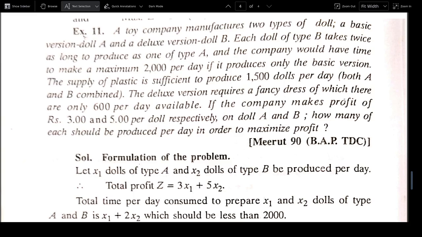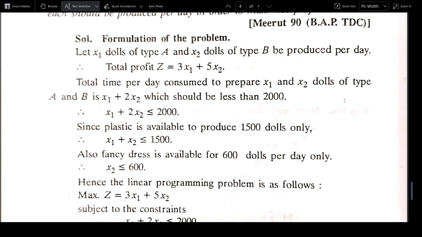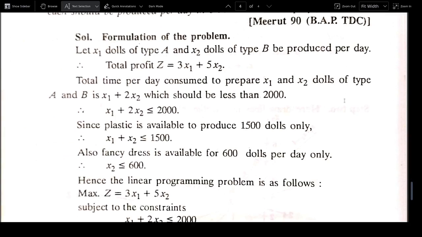So the restriction inequality will be x1 plus twice x2 less than or equal to 2000. And similarly, since plastic is available to produce only 1500 dolls, x1 plus x2 is less than or equal to 1500. And fancy dress available is 600 for doll type B, so x2 less than or equal to 600.